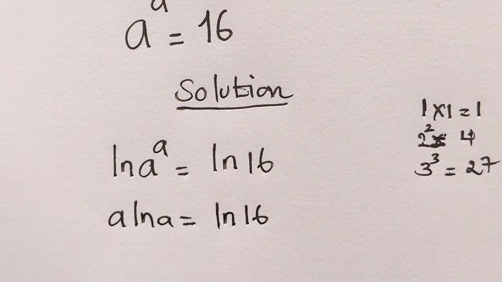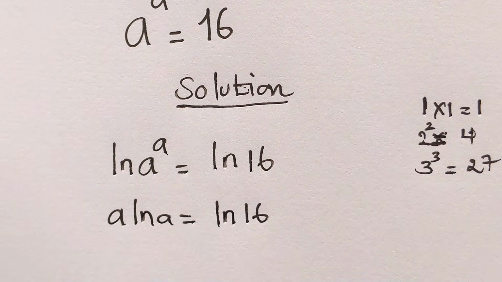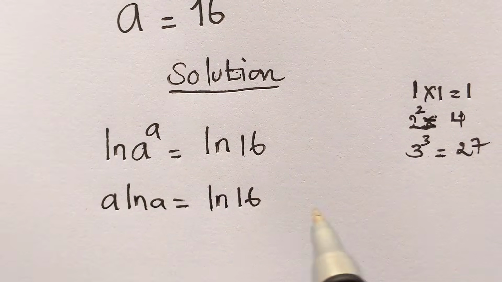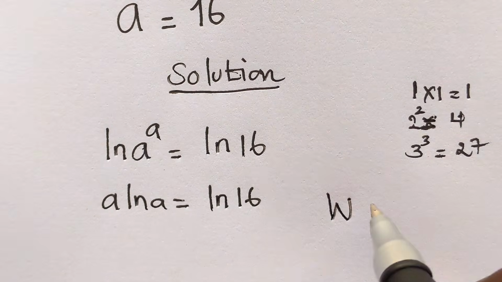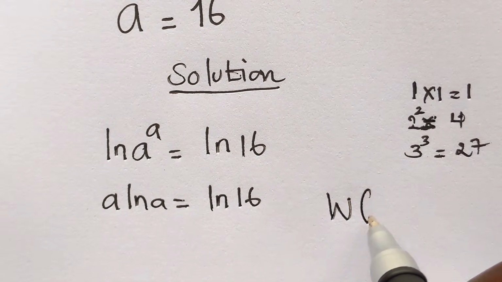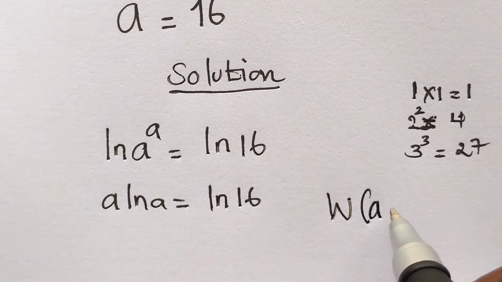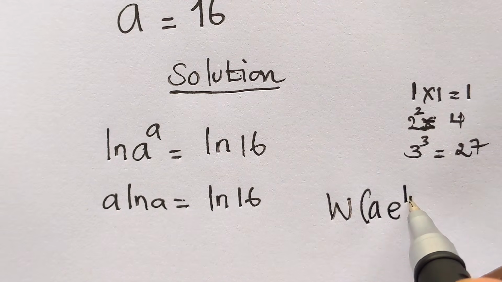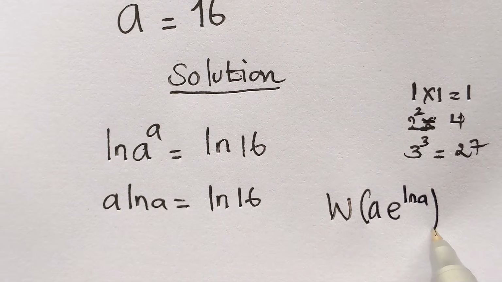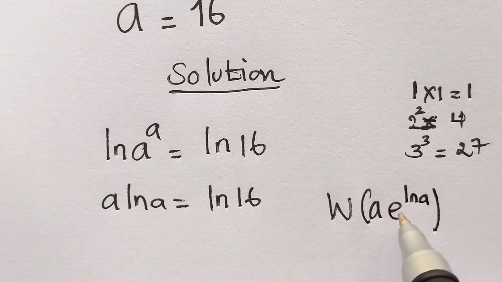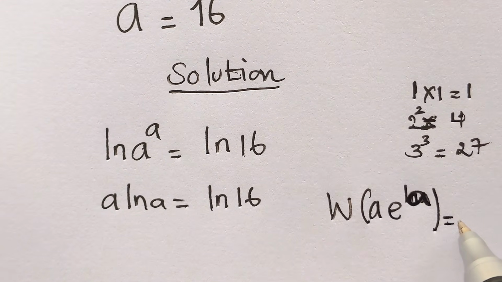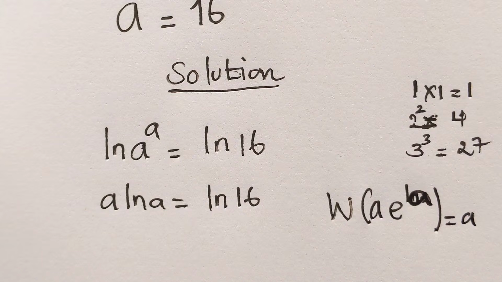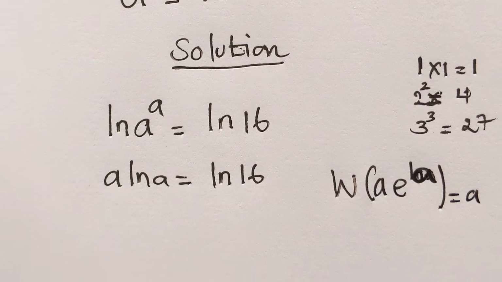Then at this stage, we are going to apply the Omega function, which says that the Omega function of a times e power ln a, for example here, this is equal to a. This is what we have right here, okay?